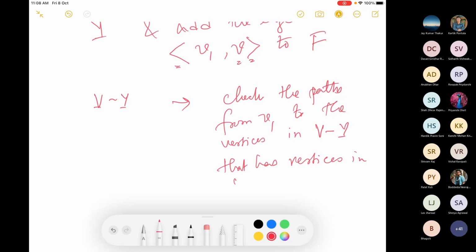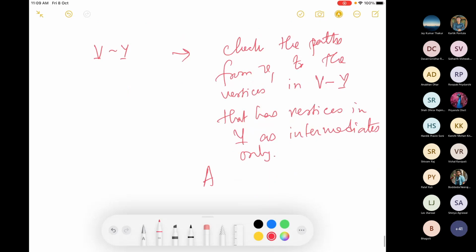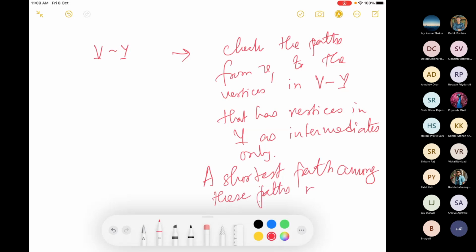A shortest path among these paths will be the desired shortest path.